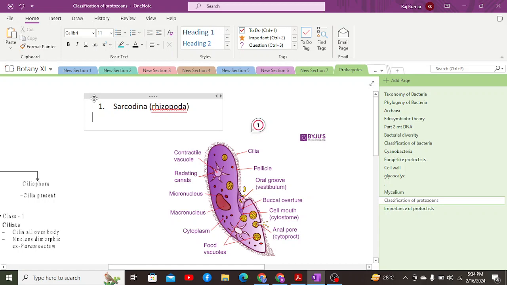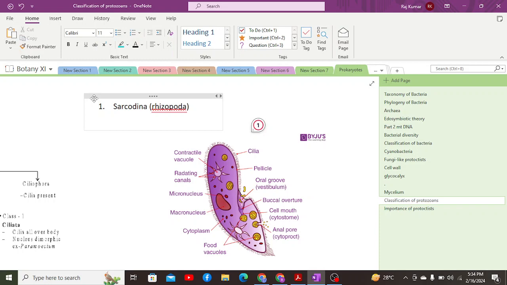Class Sarcodina or Rhizopoda involves those protozoans which do not have a specific locomotory organ, but they do have a locomotory structure: cytoplasmic projections occurring out of the cell, known as pseudopodia.